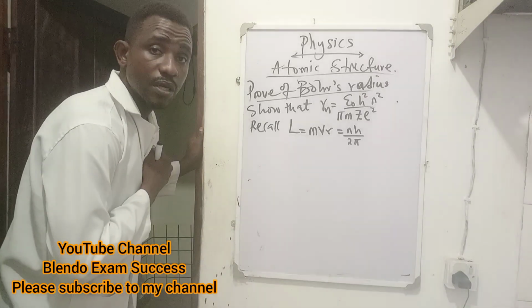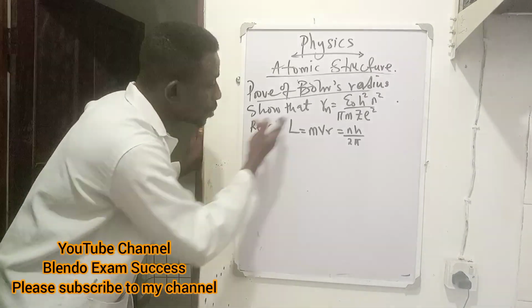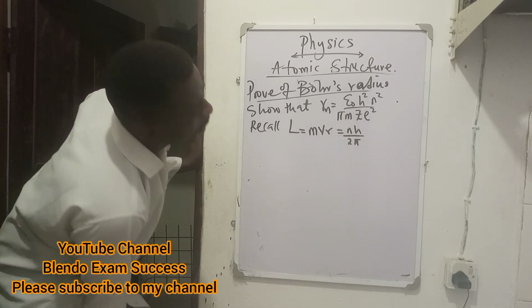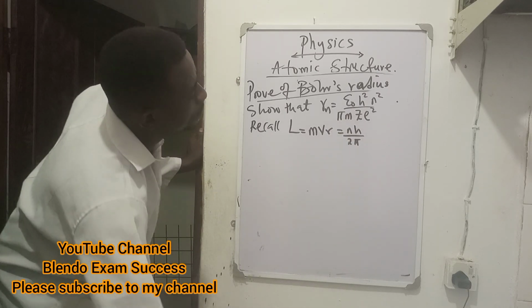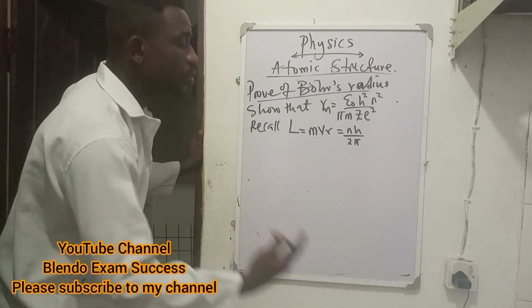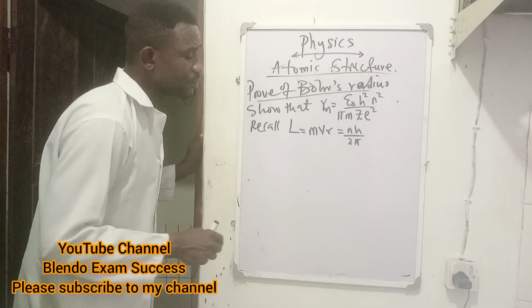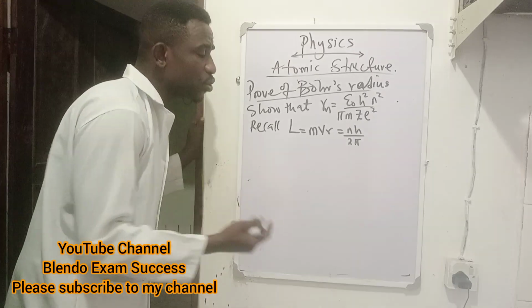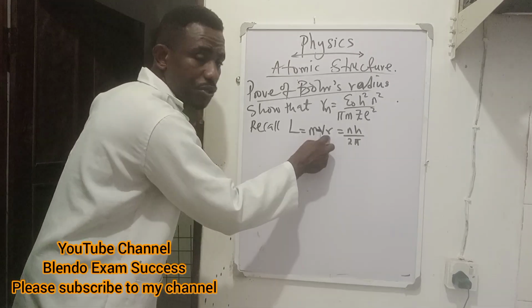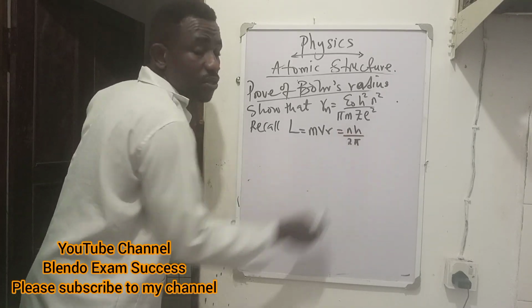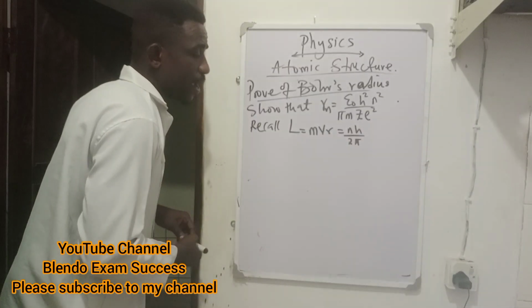Bohr's radius. The question says show that Rn is equal to epsilon naught h squared n squared over pi m Z e squared. What will you do? The L here is called angular momentum. Angular momentum is linear momentum times radius, and this is the integral multiple of Planck's constant, nh over 2 pi.